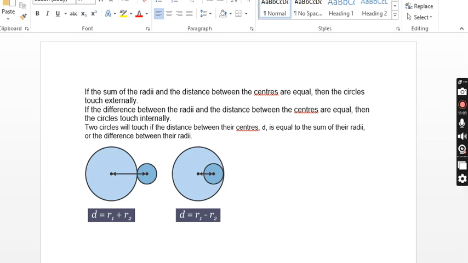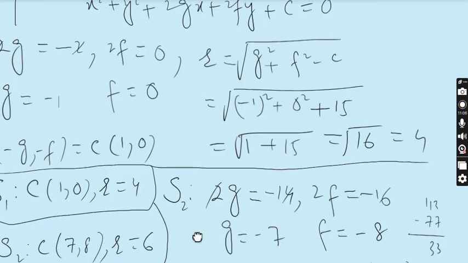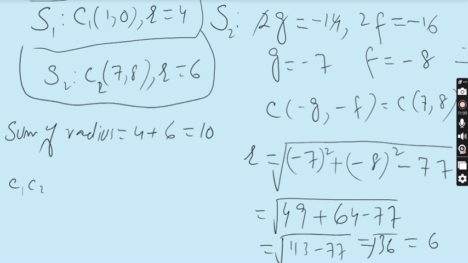First we have to find the sum of the radii: 4 plus 6, it is 10. Now find the distance between the two centers, C1 and C2.